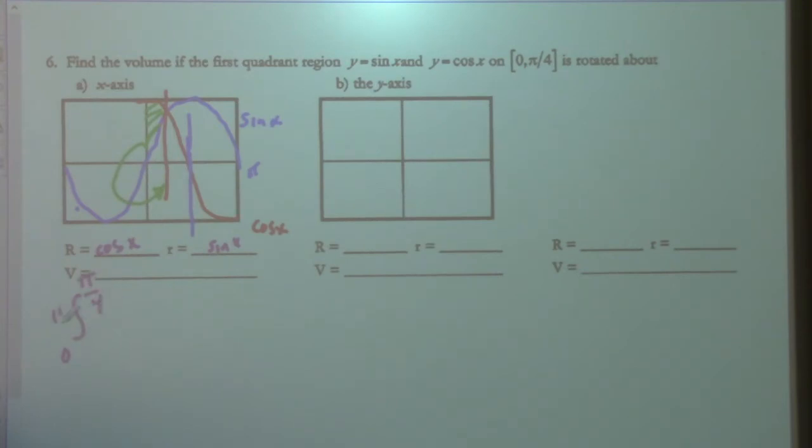And then we're rotating, so we have pi. And so we're going to take cosine squared x minus sine squared x dx. This would be our volume.